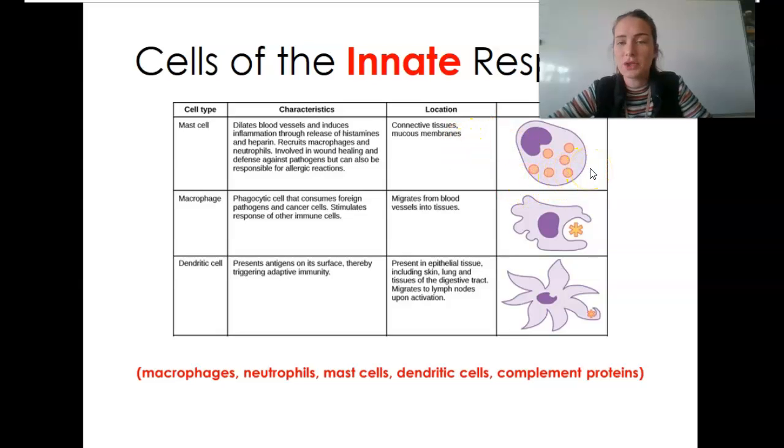And what they do, the most important job that a mast cell has is it detects disturbance. It recognizes when there has been an injury or potential invasion, and it releases a signaling molecule called histamine. So mast cells release histamine.